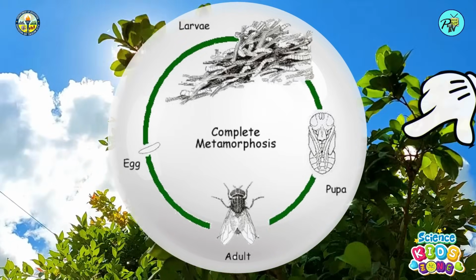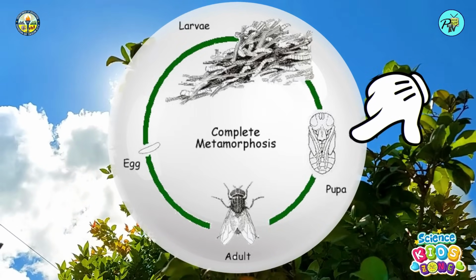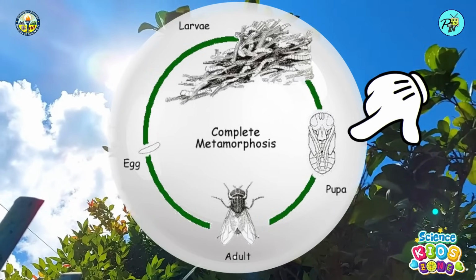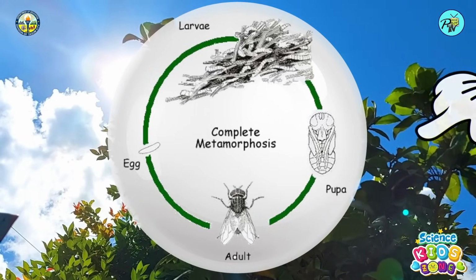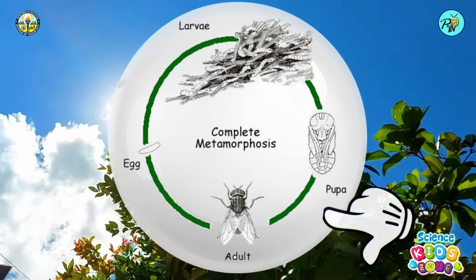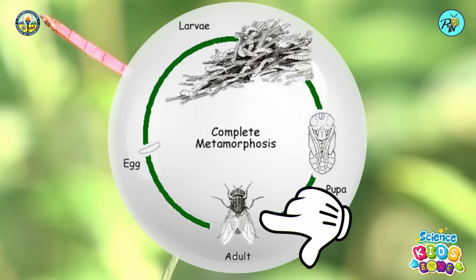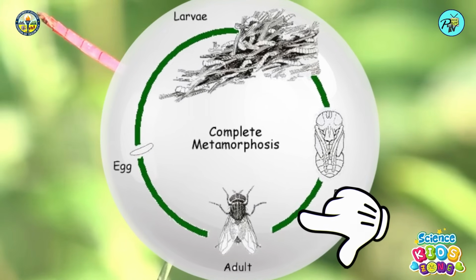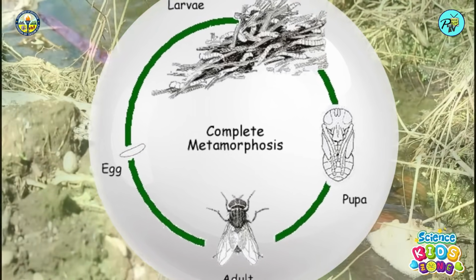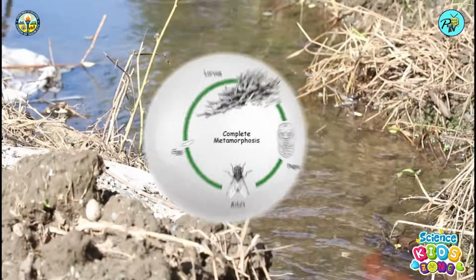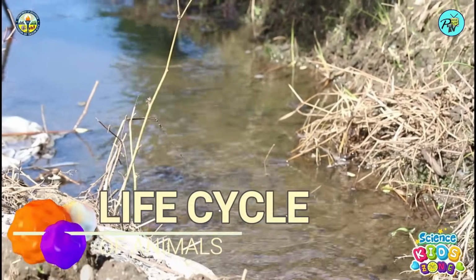Next, it will become a pupa: 10 to 20 days with a 5 to 6 millimeter size. And next, it will become an adult housefly within 15 to 30 days with about a 6 to 8 millimeter size. And that's the life cycle of a housefly.